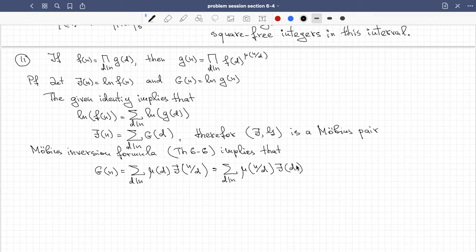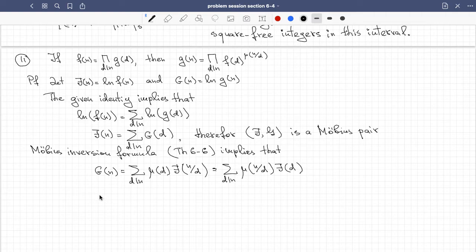Now we can rewrite this formula. The identity G is equal to this sum, in terms of small f and small g, which are originally given.